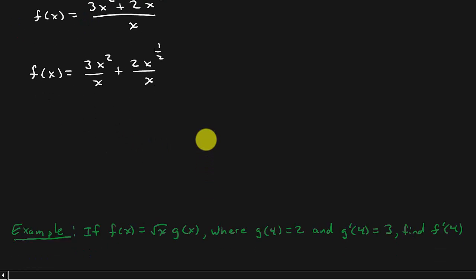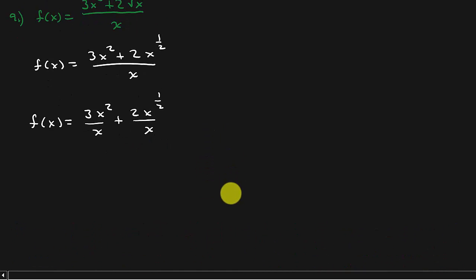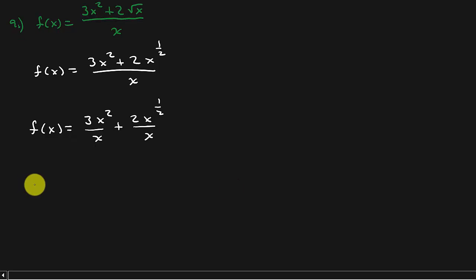Okay, I split it up. And so now I get f of x is equal to 3x plus 2x to the negative 1/2. So remember, when you have like bases and you're dividing, you subtract the exponents. So remember, this is x to the 1, so that's 1/2 minus 1, negative 1/2.